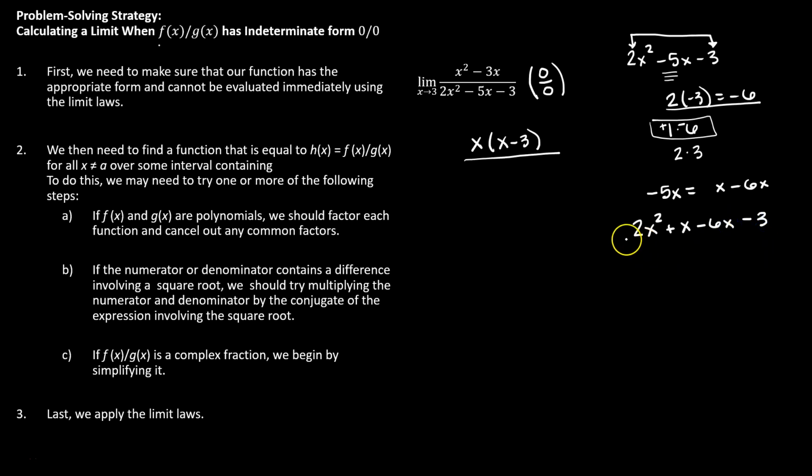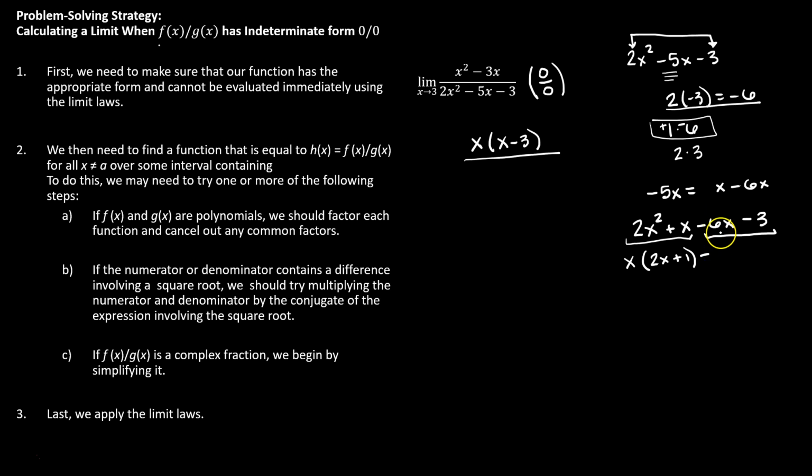And then I have 4 terms, which allows me to group 2 pairs. I'm going to find the greatest common factor in each group. So in my first group, the greatest common factor is x, leaving behind 2x plus 1. In my second group, I have 2 negatives, so I'm going to factor out a negative.